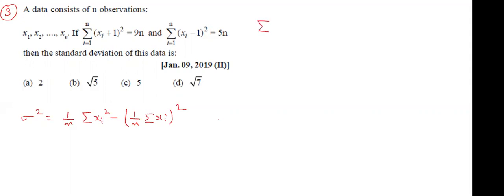Sigma xi plus 1 whole square, where i is equal to 1 to n, is equal to 9n. Expand this formula: xi plus 1 whole square is xi square plus 2xi plus 1. And applying the sigma, we get like this.